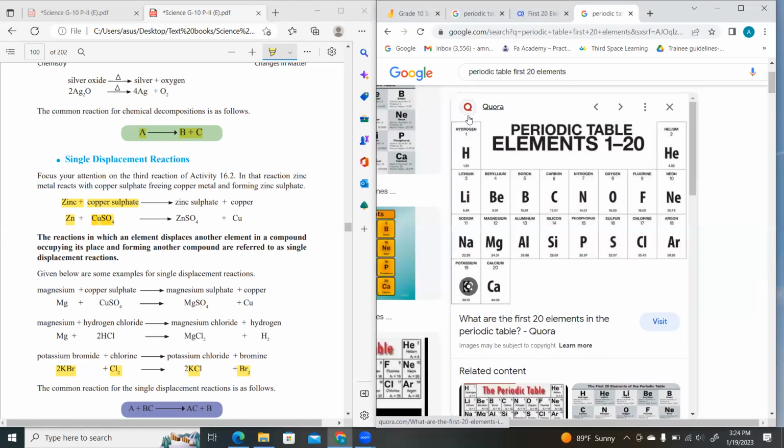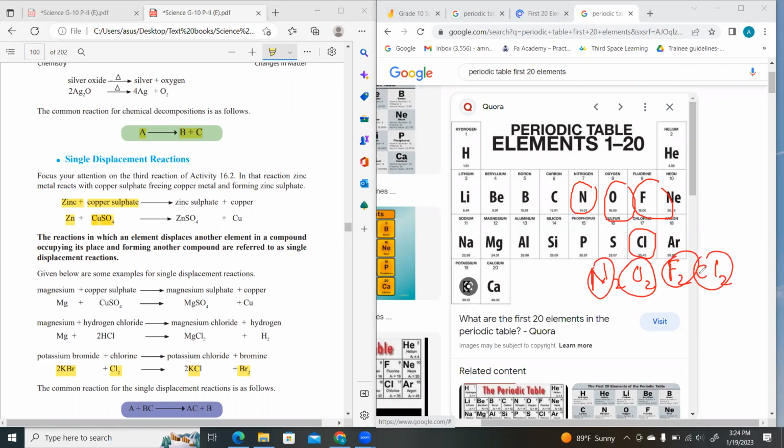Let me take this periodic table to make it easy for you all. Here I can circle and show you nitrogen, oxygen, fluorine, chlorine, those are nonmetals, and they are always present as N2, O2, F2, Cl2, because they are gases.